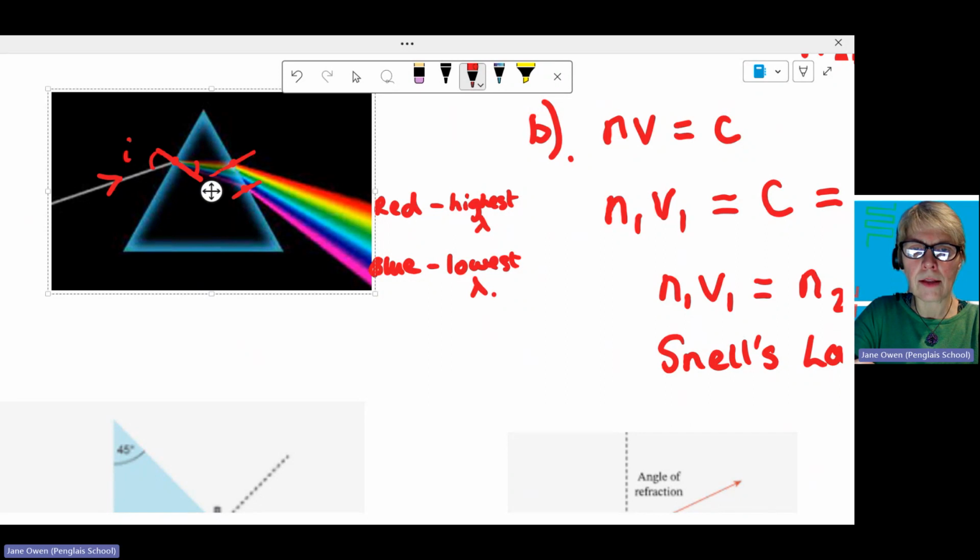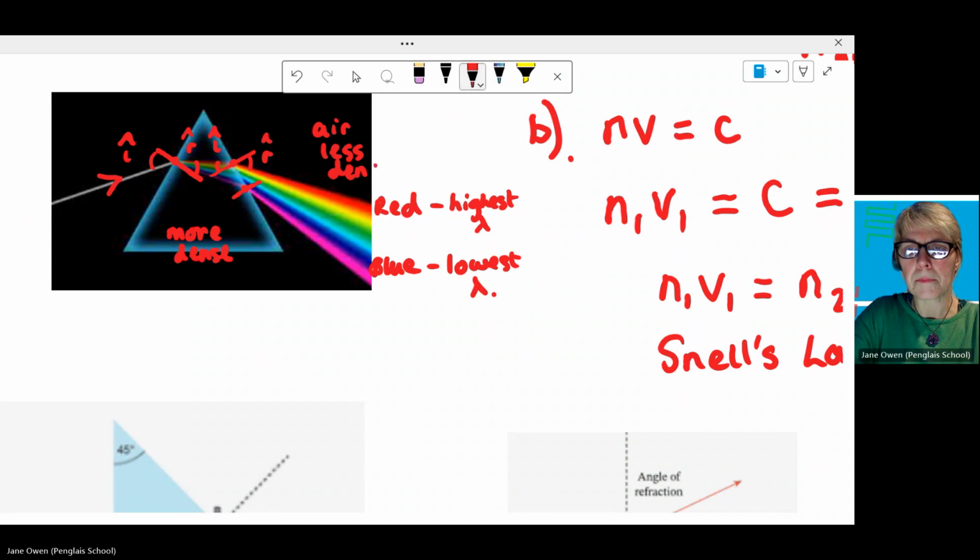So there is the angle of incidence going in, and the angle of refraction coming out. Here the angle of refraction will be more than the angle of incidence, whereas on the way in the angle of refraction is smaller than the angle of incidence, because the glass is more dense and slows down the light, whereas the air is less dense and it will speed up.